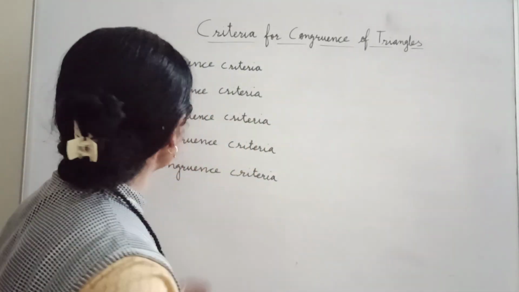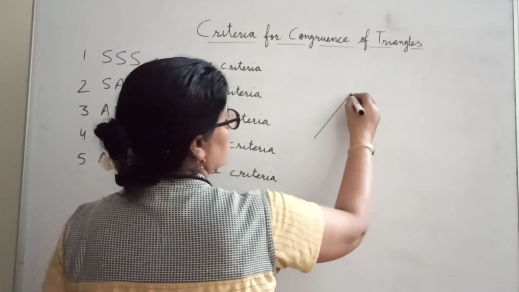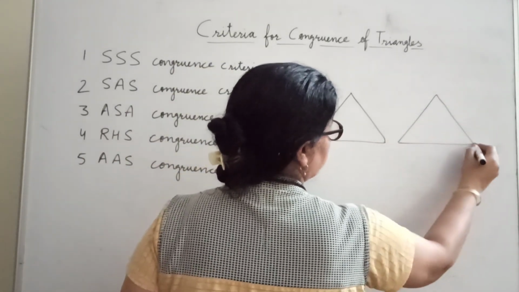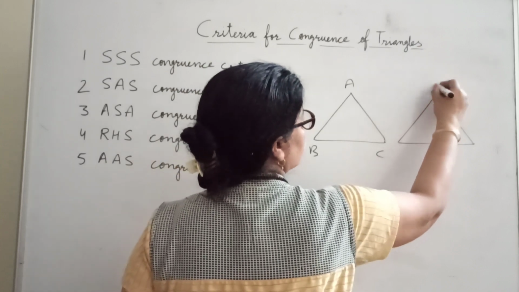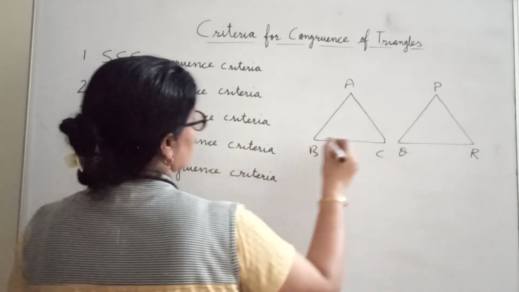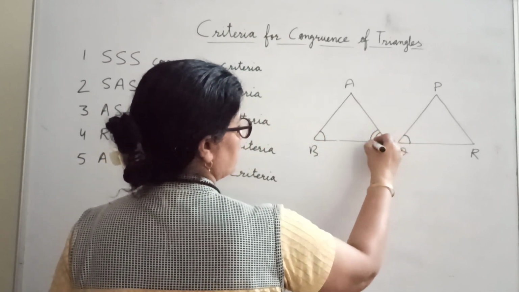Now the next is the ASA congruence rule. See, these are two triangles, and let us give the names ABC and PQR. Here this angle is equal to this angle, this angle is equal to this angle.